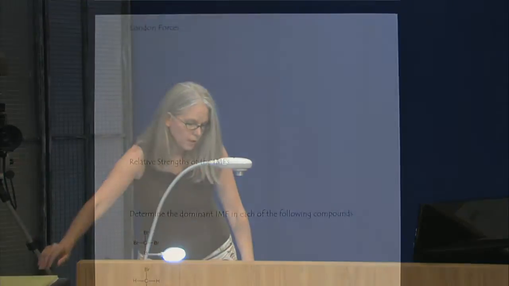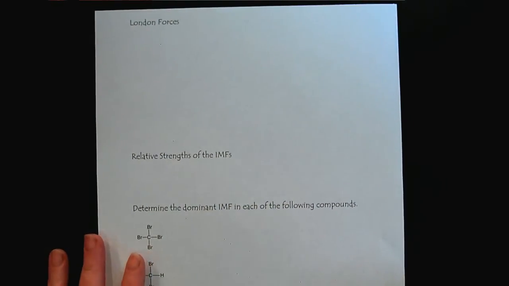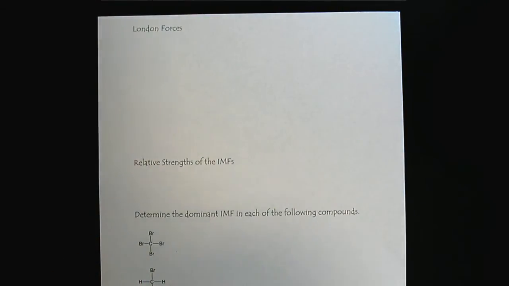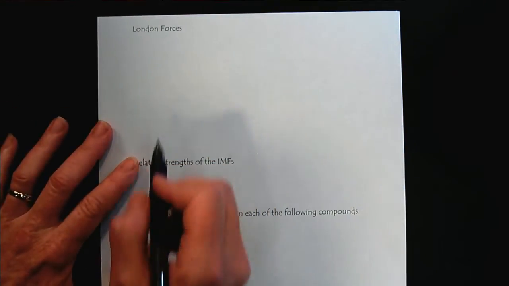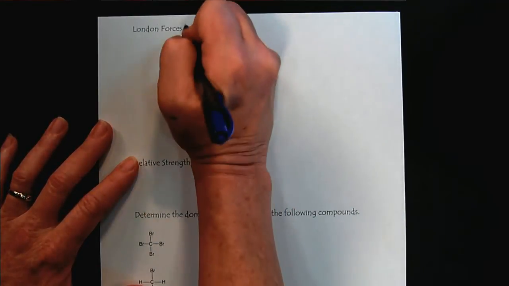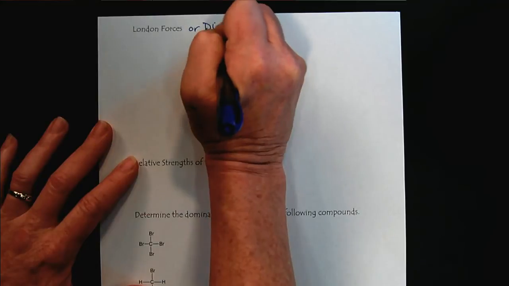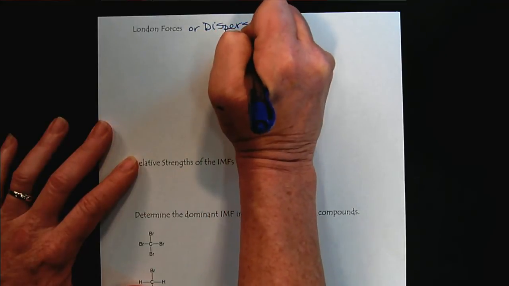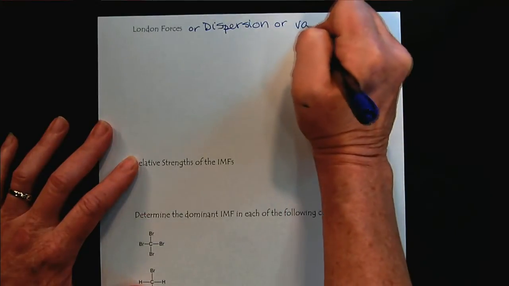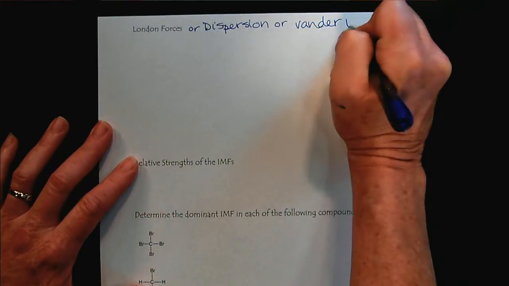Alrighty. So now we'll look at one more type of intermolecular force, and this is called the London force. This one is interesting because, first of all, it has a bunch of names. It's also called a dispersion force, and in most of the biology texts, it's referred to as van der Waals.